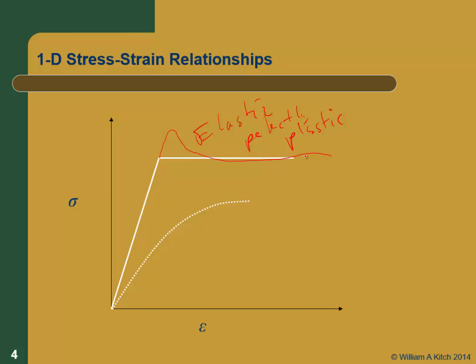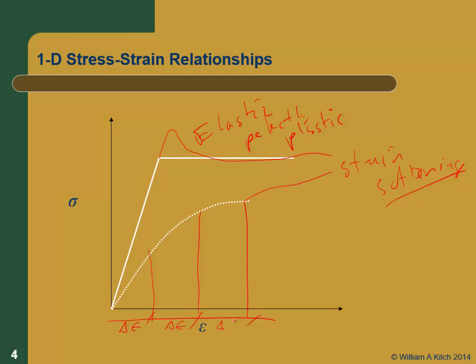Then we have other materials that look like this, that we would call strain softening. So what do I mean by strain softening? What's happening as we get additional strain in that material? Let's put 3 different increments of strain, all delta epsilon, the same increments.